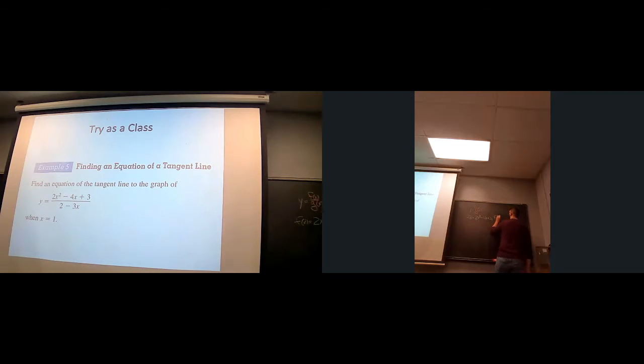The derivative of f of x is going to be 4x minus 4. g of x, that's our denominator, so it's 2 minus 3x. It's going to have a derivative of -3.